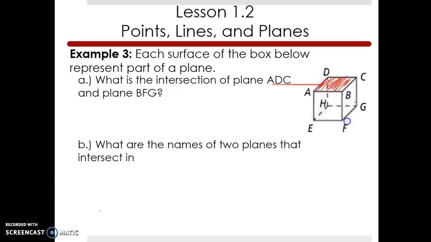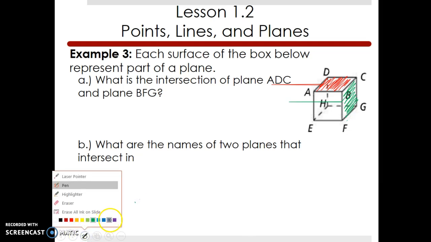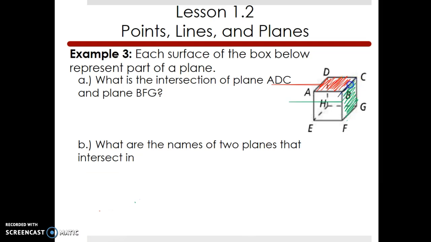If you see BFG, we're talking about this plane right here. So where does that plane intersect? The intersection is right here, right? This line right here. So it intersects at line BC.